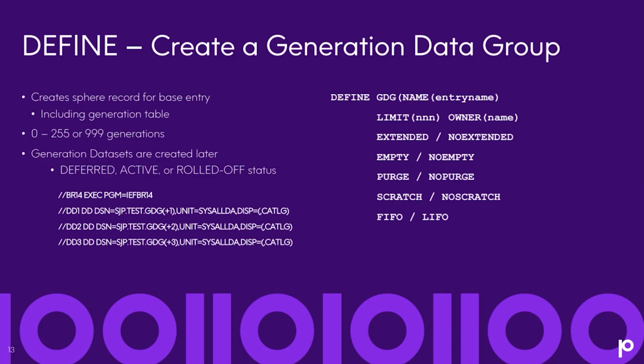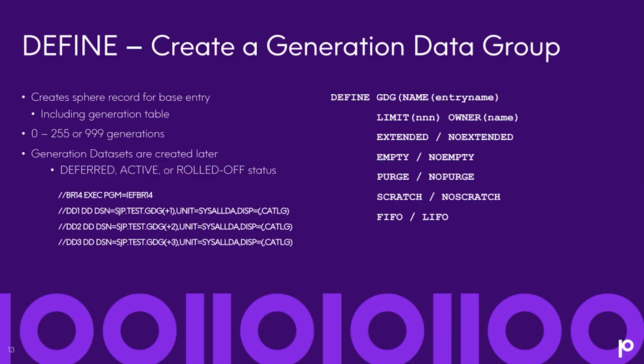Because GDGs, particularly SMS managed GDGs, when they are created, one of the things that IBM did when they created SMS back in 1989, for SMS managed data sets, they are cataloged at the beginning of the step and not at the end of the step. Well, for GDGs, it works a little bit differently.